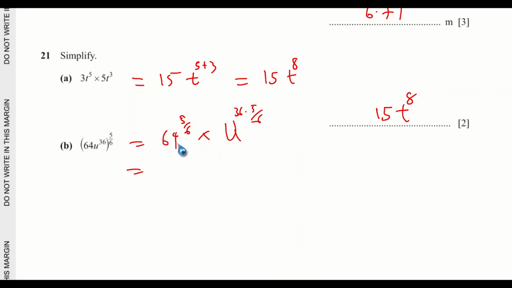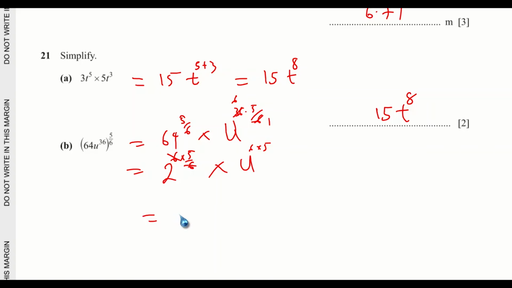So I can write 64 in base 2 so that this power denominator 6 can cancel it. That is 2 to the power of 6 is the same as 64. Then multiplied by 5 over 6. You can see that 6 can cancel out 6 here. Then u to the power of 36 times 5 over 6: 6 in 36 is 6. So I have 6 times 5 left here.